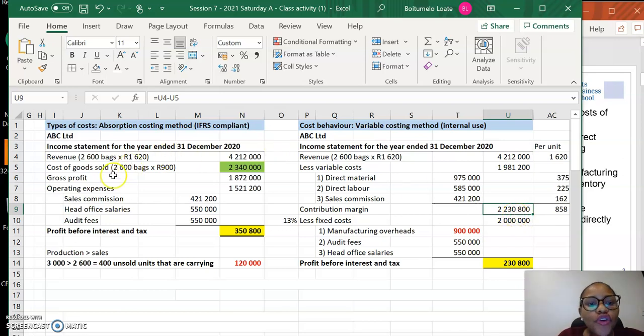Your gross profit was 1,872, versus your contribution margin, which is a lot higher at 2,230,800.